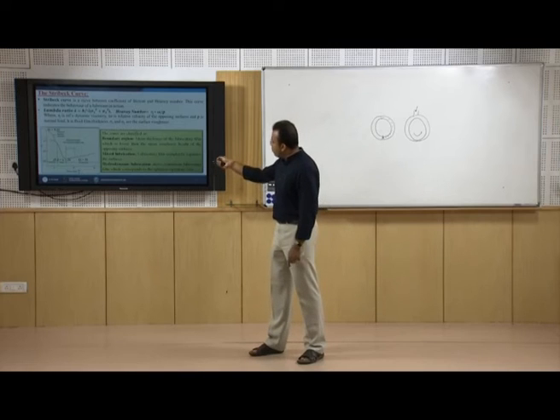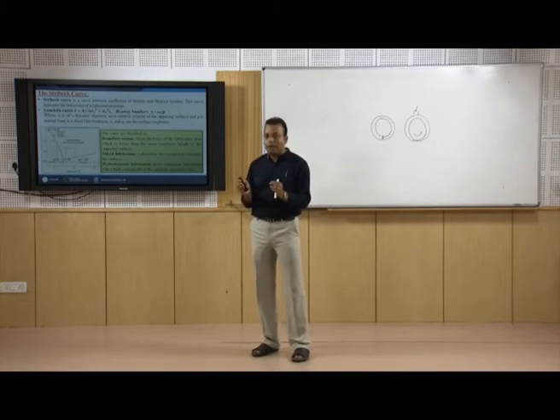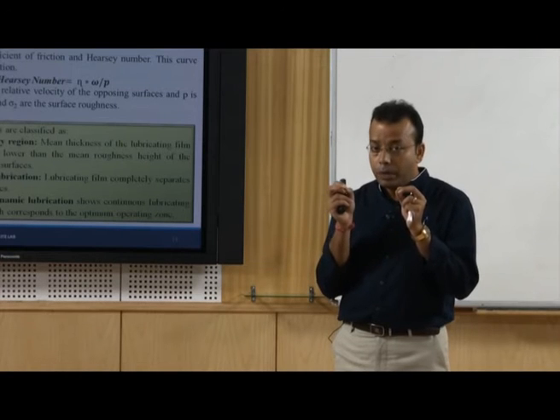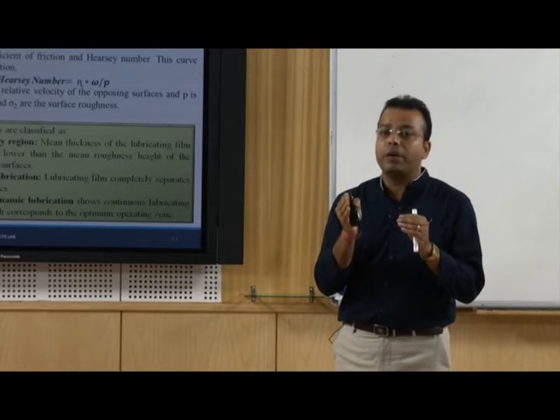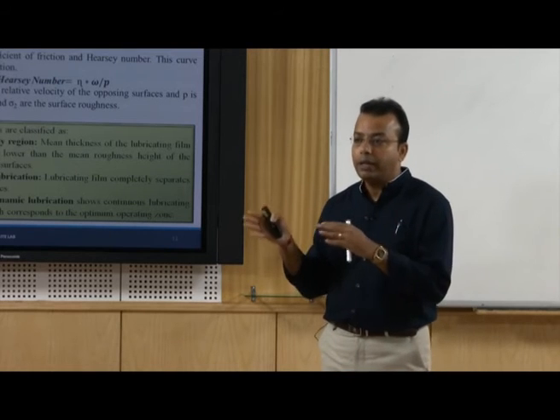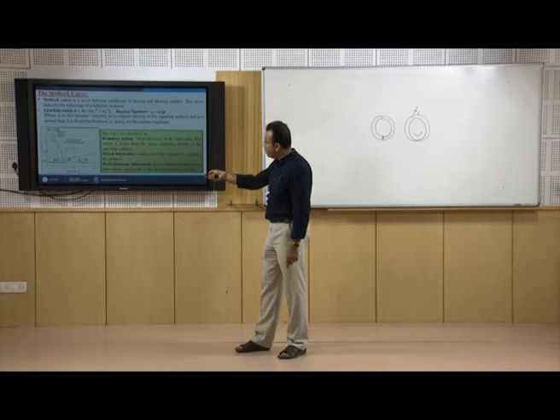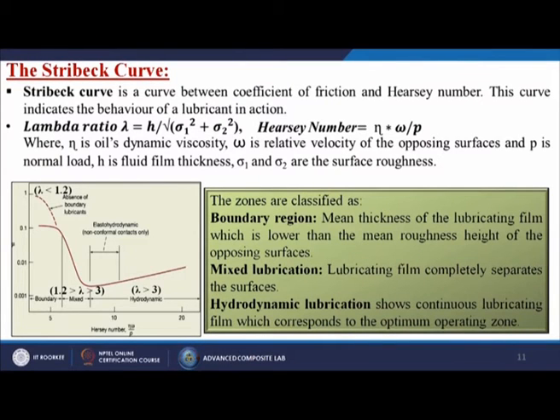From this case we can understand that the Hersey number is a number which defines whether your material will lie in different conditions. If we draw this curve, from that curve we can calculate the lambda ratio.